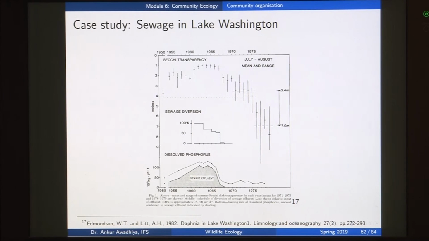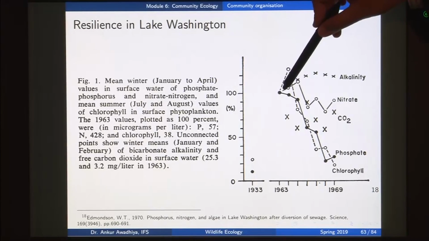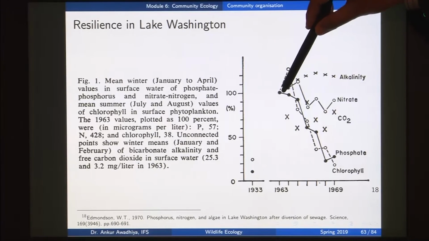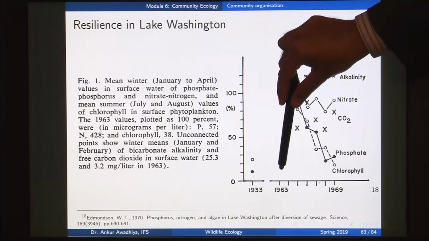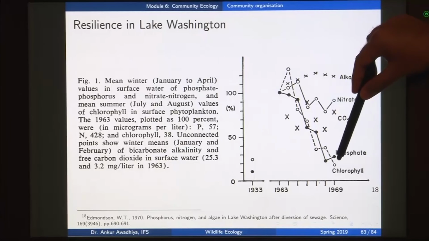This lake was studied for a very long period of time, and we see here the point where you have the 100% level, which is the point where you started reducing the amount of sewage. In a very short period from 1963 to 69, the level of phosphorus has dropped considerably.